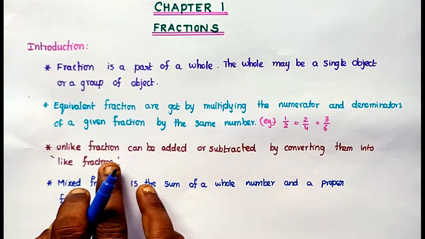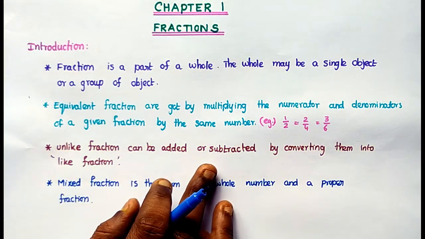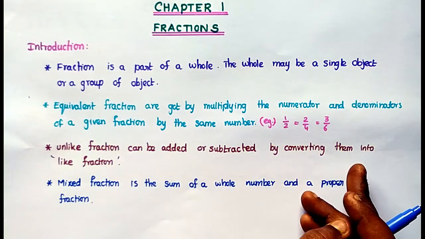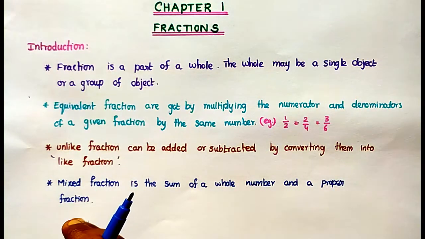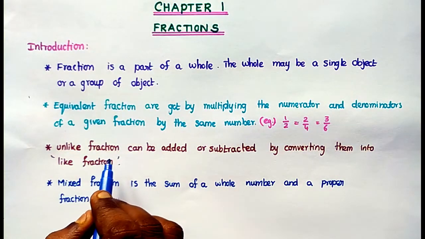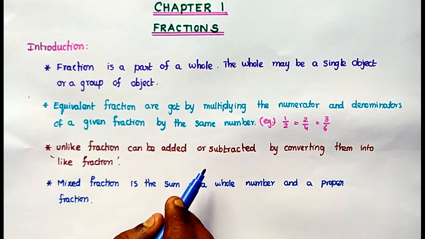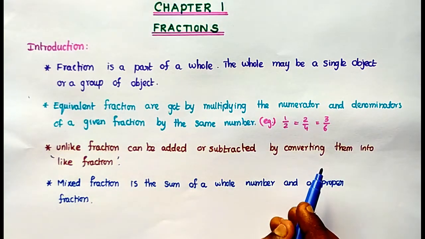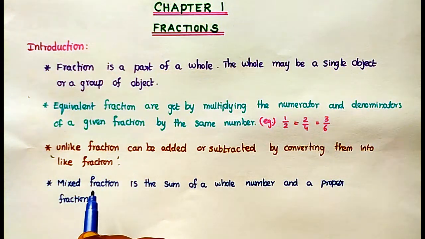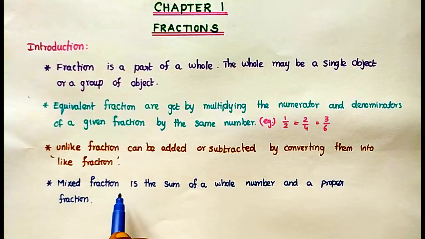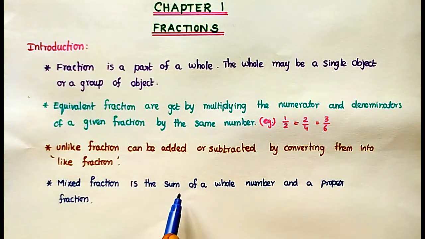Next, unlike fractions can be added or subtracted by converting them into like fractions. A mixed fraction is the sum of a whole number and a proper fraction.